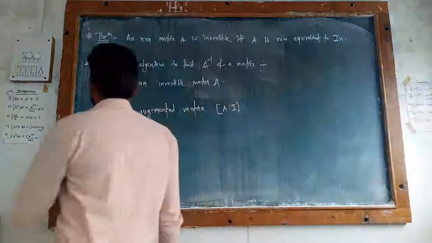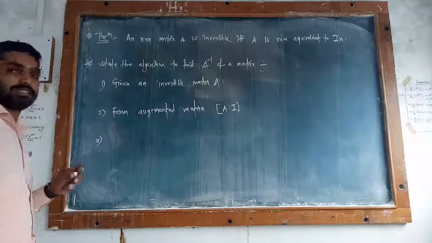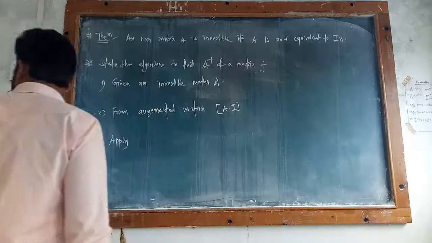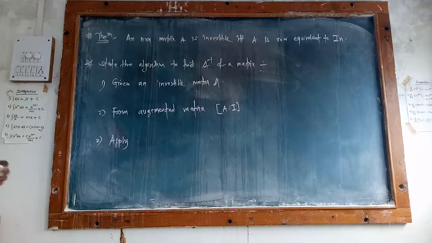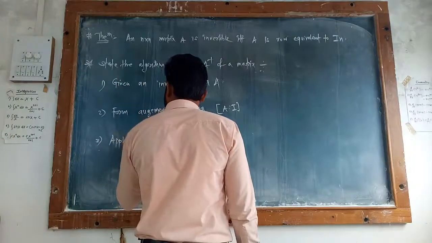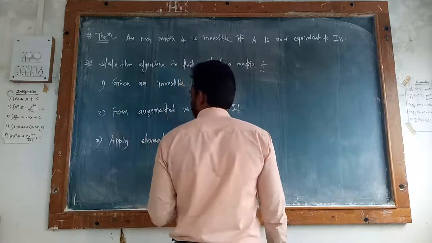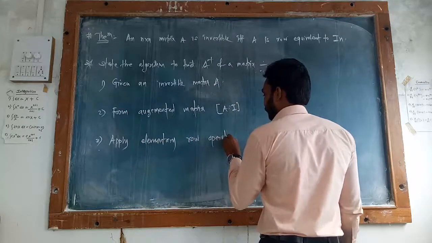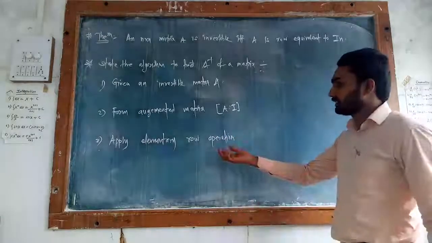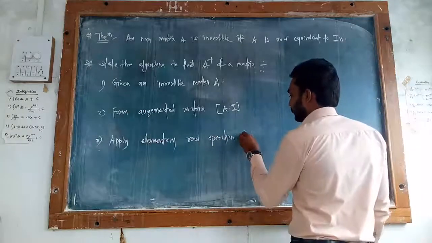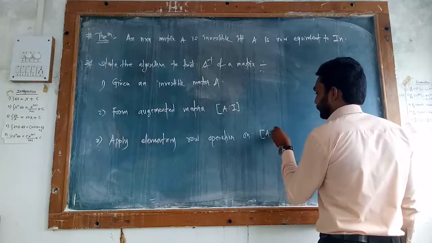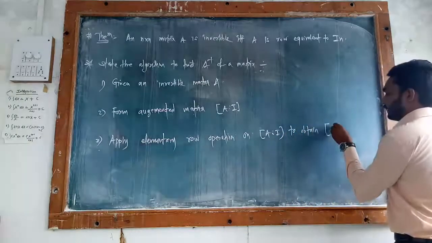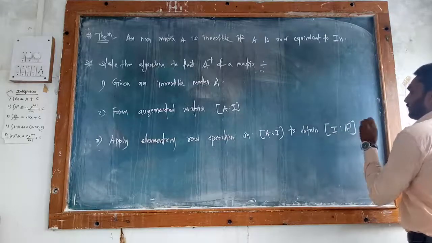Okay. Your third step is to apply elementary row operations on the augmented matrix [A | I] to obtain [I | A inverse].